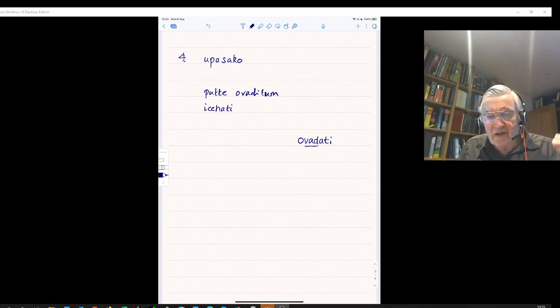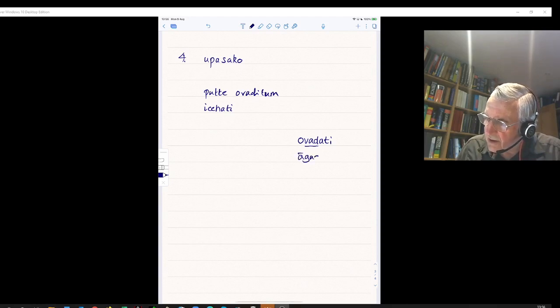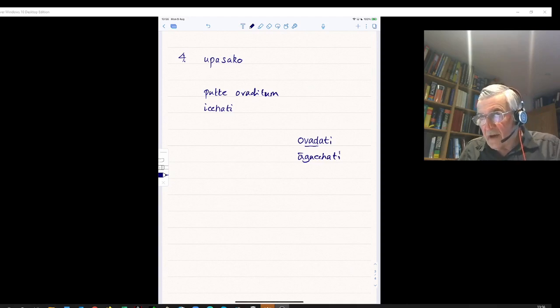So the upasako ichchati, wishes, having come home, which is geham agantva. So he comes home, he comes, agachati, and having come is agantva.